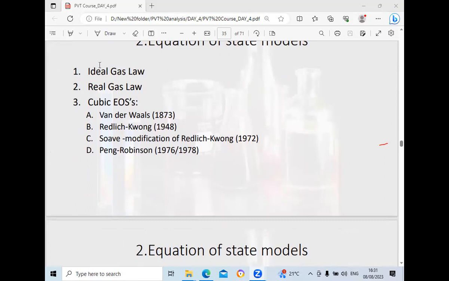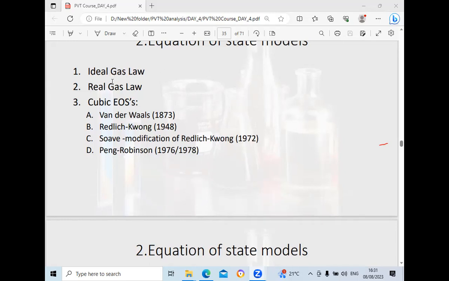Gas behaves ideally at standard condition or very close to standard condition. Standard condition of 60°F and 14 point something psi pressure. So that's your standard condition. At that standard condition, our gas is going to behave in the ideal manner.